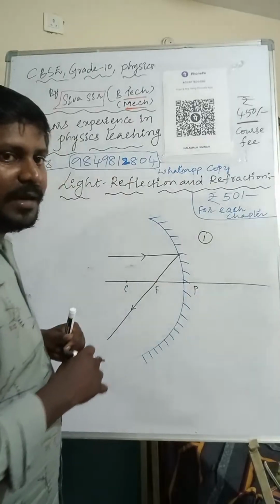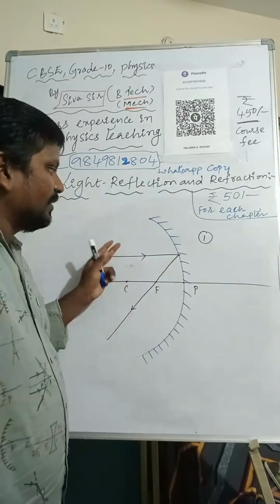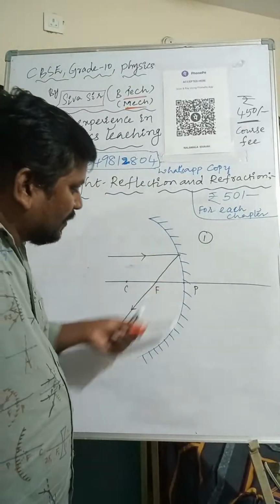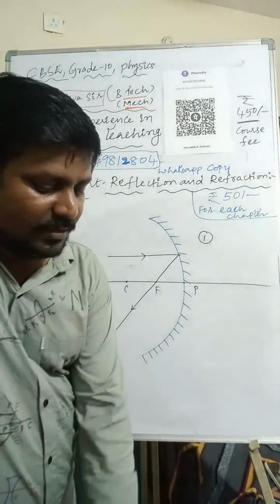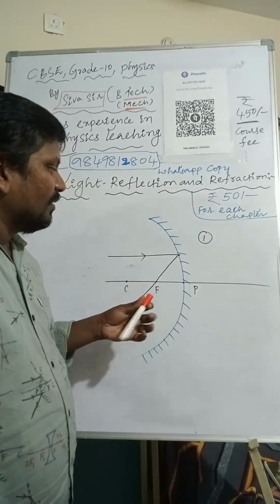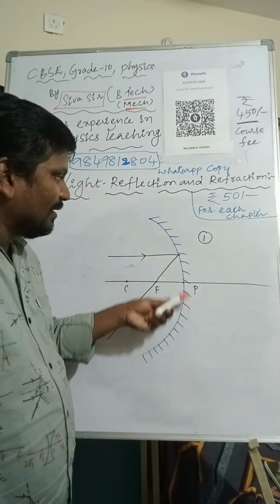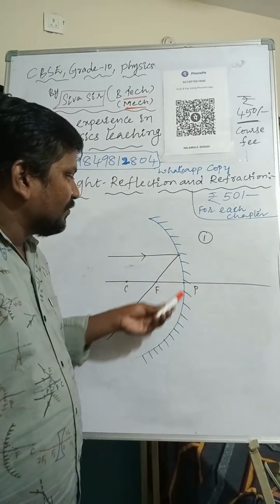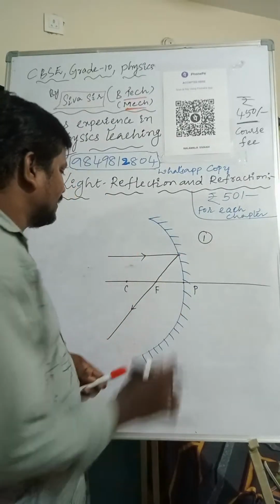One light ray I am taking. Once again, listen, observe carefully. This is a concave mirror. The coating will be outward, and the reflecting surface will be inward. Incident ray, reflected ray.